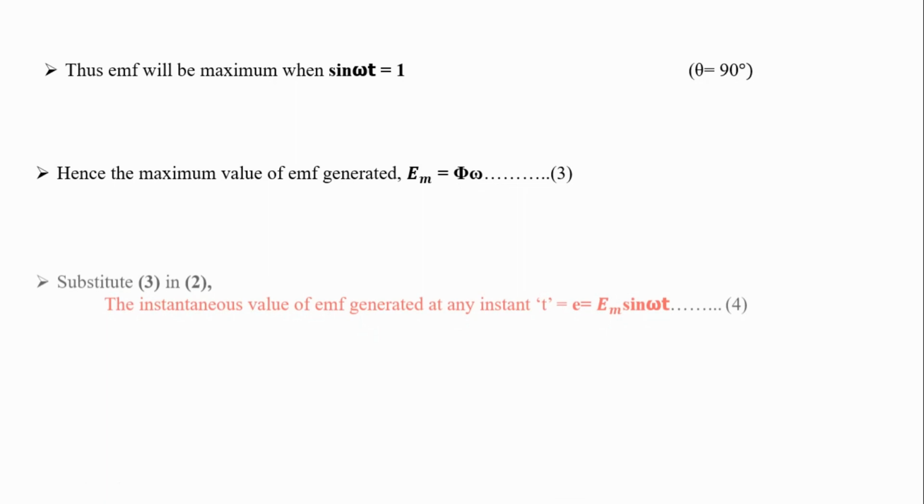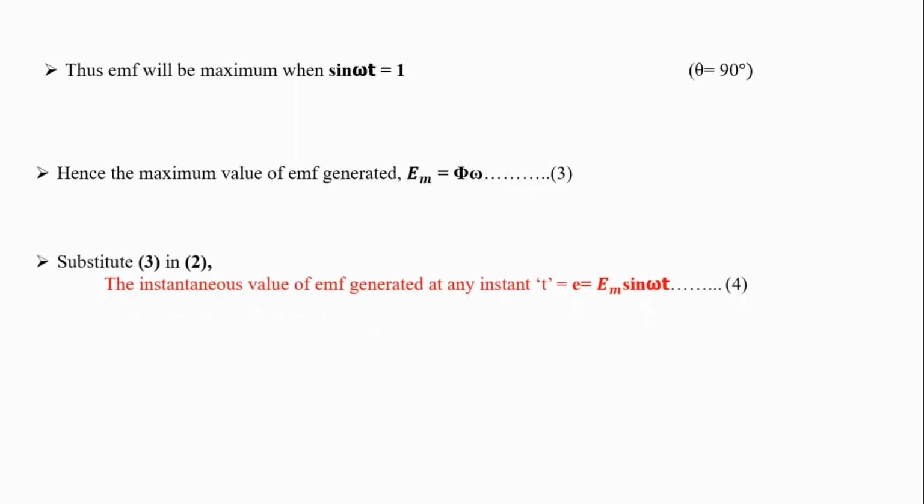So substitute 3 in 2. In equation 2 we have phi omega sine omega t, which is the EMF generated in the coil. So instead of phi omega, you can substitute Em.